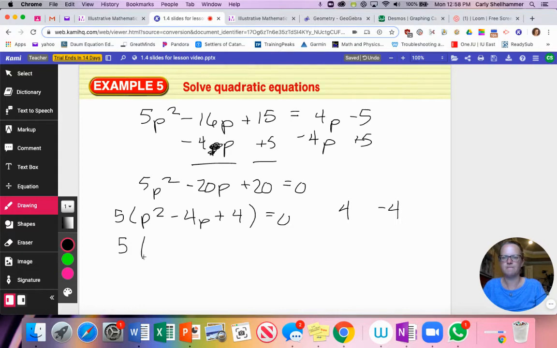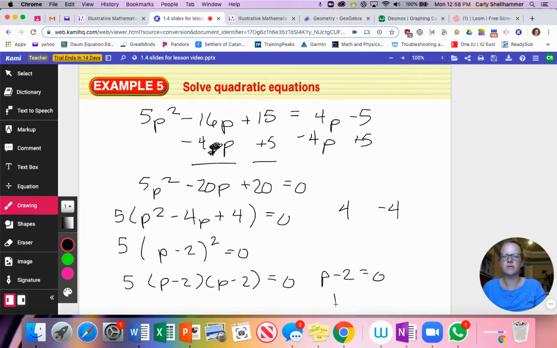Sorry, I was wondering what was going on. So now I have p minus 2, p minus 2. If I set those binomials equal to 0, p minus 2 equals 0, p equals 2. I only have one solution for those.